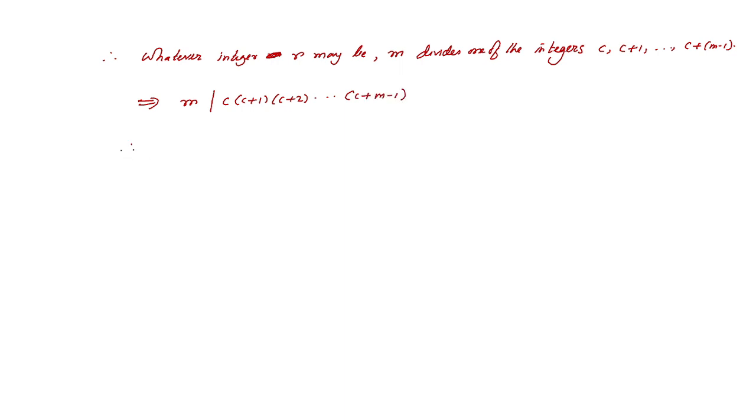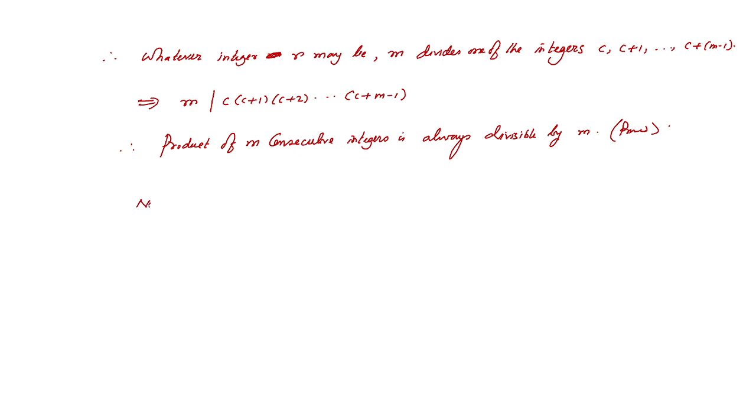That means we can generalize it: the product of m consecutive integers is always divisible by m. So hence our problem is proved.